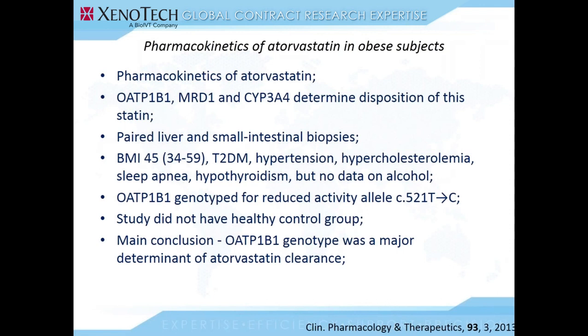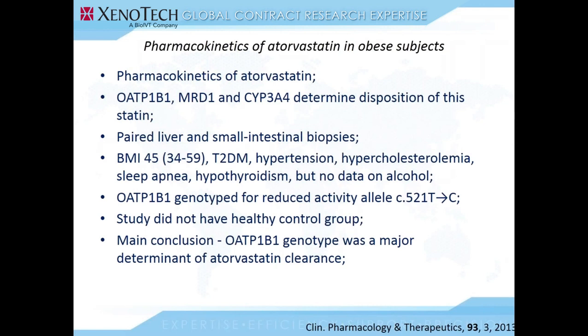BMI on average was very high, 45, ranging between 34 and 59. Insulin resistance or type 2 diabetes, hypertension, hypercholesterolemia, obstructive sleep apnea, and hypothyroidism were also present in at least 3 different patients, but unfortunately no data on alcohol was available.